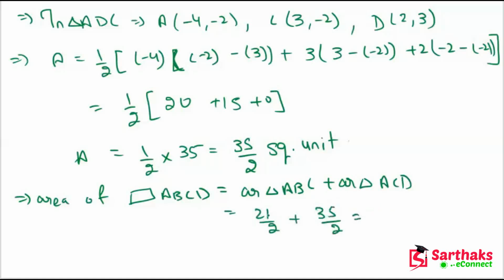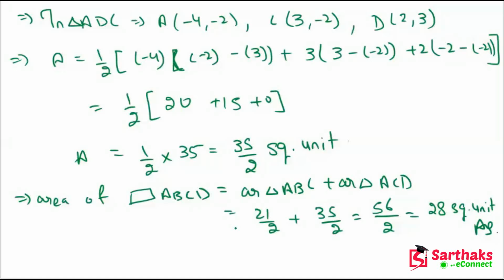After solving this we get 56 divided by 2, so this is 28 square unit. This is our answer. So my dear friends, I hope you understand how to deal with this question.